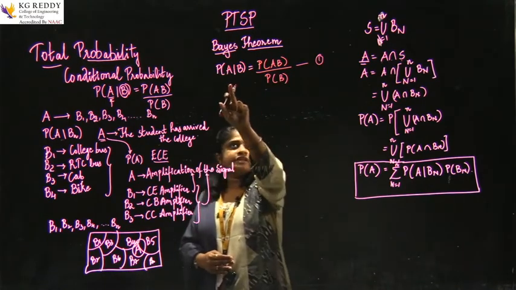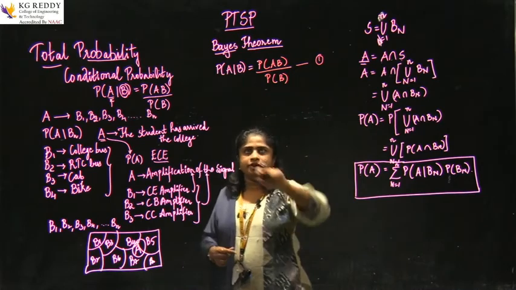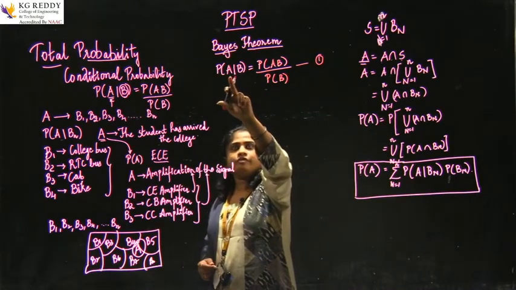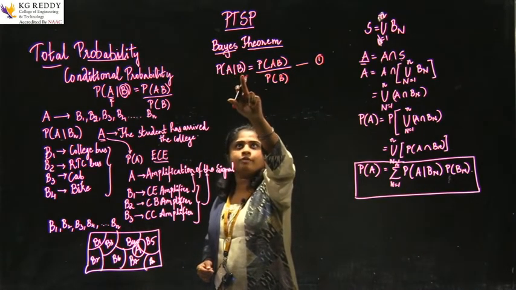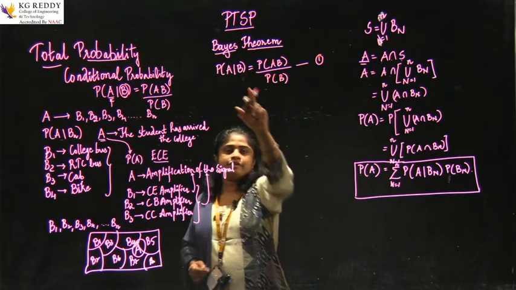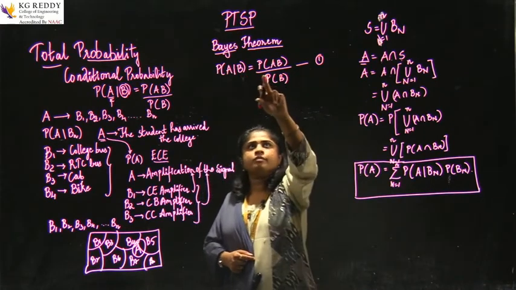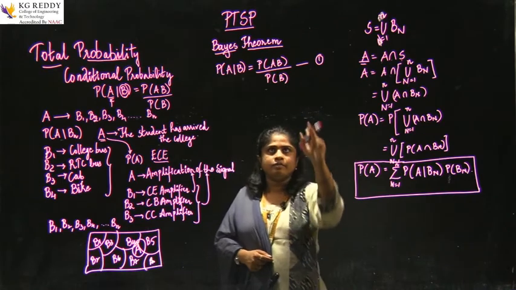This is nothing but conditional probability. Here we are finding the probability of A given B. So, probability of A by B will be equal to probability of AB divided by probability of B.